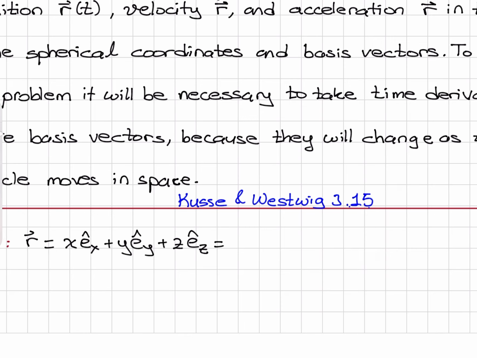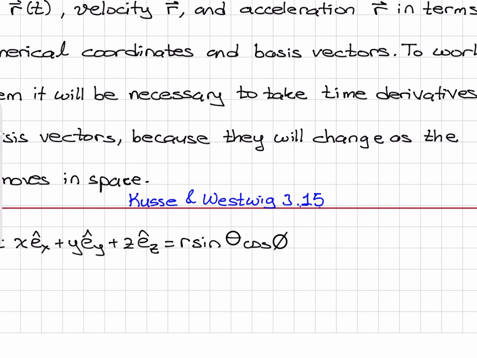X is equal to r sine theta cosine phi. So theta is our polar angle, phi is our azimuthal angle. This is in ex hat direction. And then we have the y component, r sine theta.